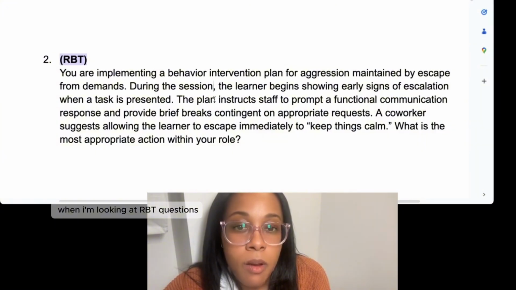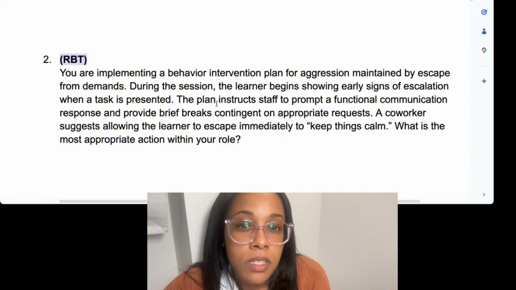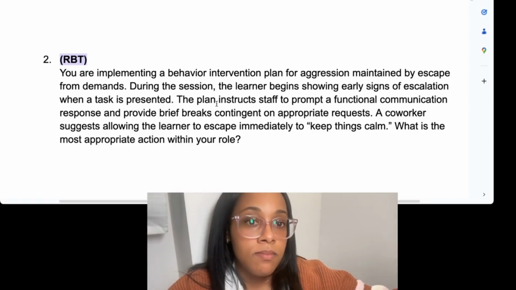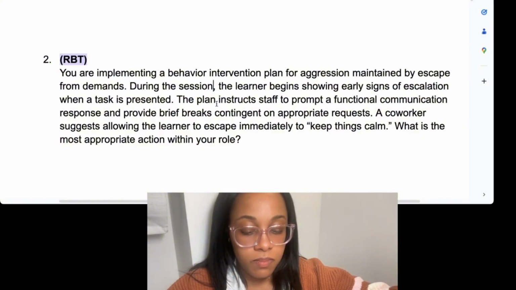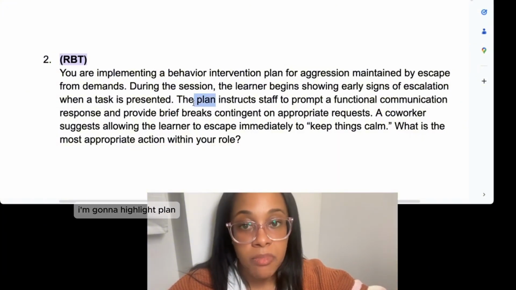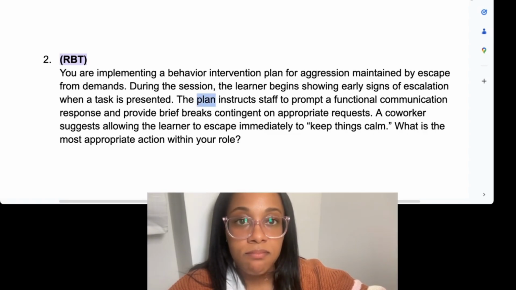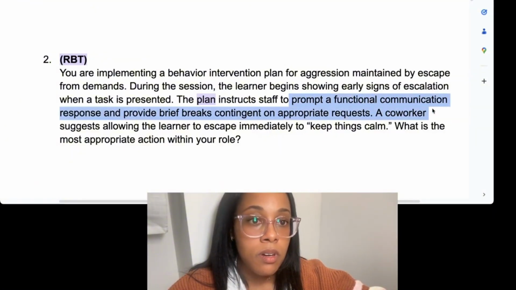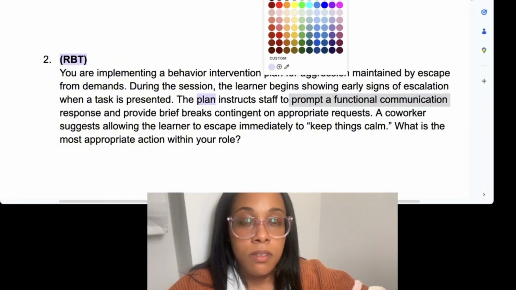When I'm looking at RBT questions, I'm keeping in mind that they're following someone else's plan. So I'm going to highlight plan. Instruct staff to prompt.